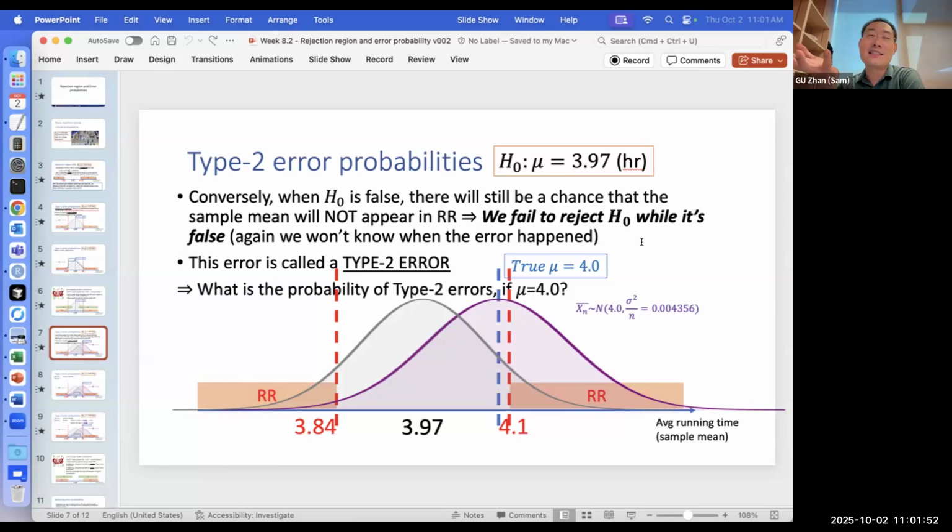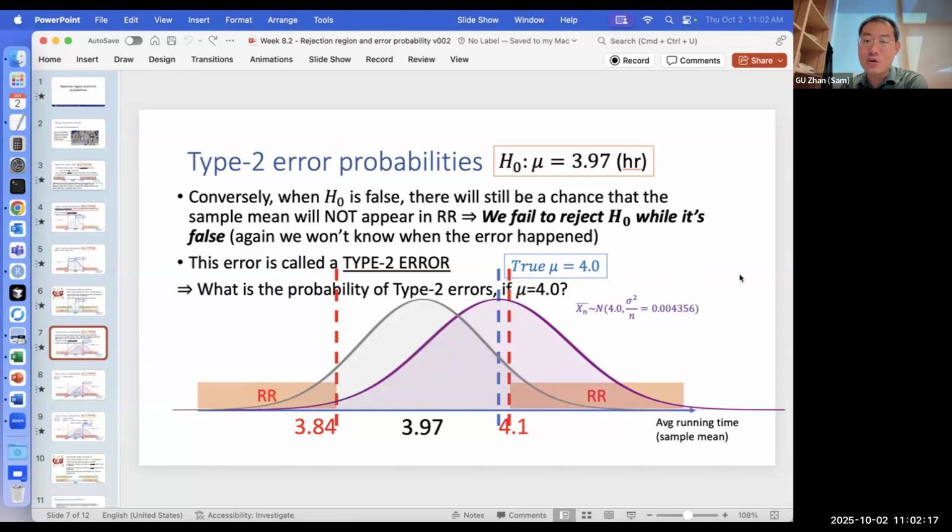We have a sample of 100 runners in 2019, but we don't have all of them, so the true average running hours for all the runners in 2019, we do not know. That error is called type 2 error. So what is the probability of a type 2 error if the true mean is actually 4.0?